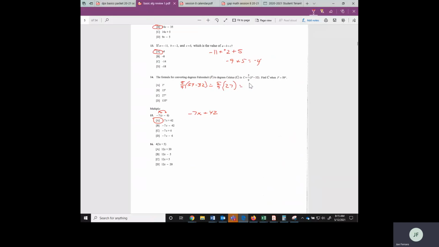If you're doing fractions, that's like saying 5/9 times 21. Oops, what's that? Not 21, 27. It's like saying 27 over 1.